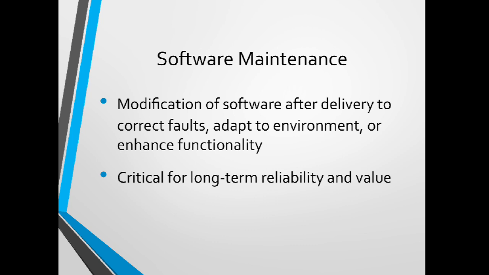That's about adapting to a new environment. And of course, there are updates that add brand new features, like a new messaging function or a video call capability. That's about enhancing functionality. All of these activities combined are what we call software maintenance. It's the ongoing, essential work that keeps software alive and useful.